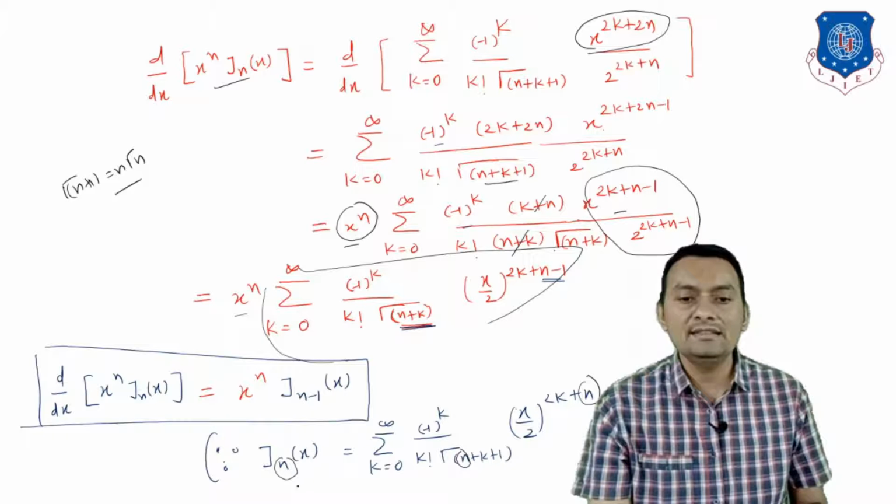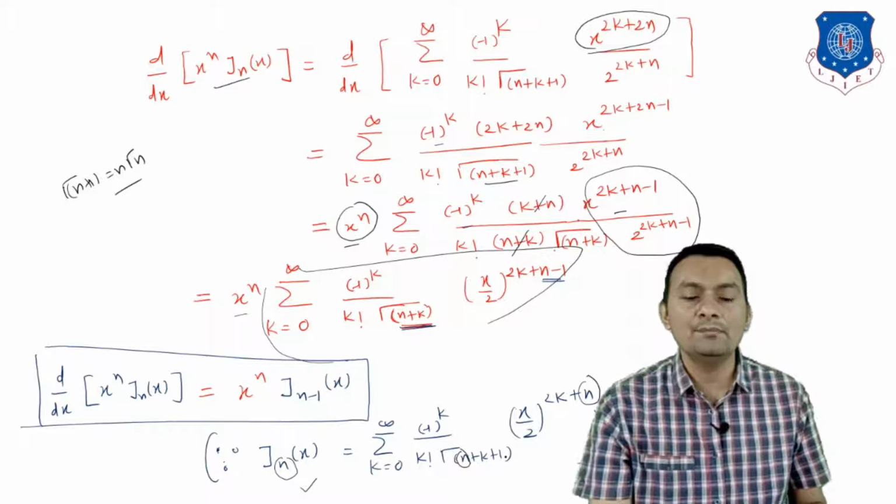Here you can see that this is the standard formula Jn(x), in which (x/2)^(2k+n) is there, and gamma(n+k+1) should be there. But according to here, if I mention n-1, this is gamma(n-1+k), but the minus 1 we have already added, so I have to write the plus 1.